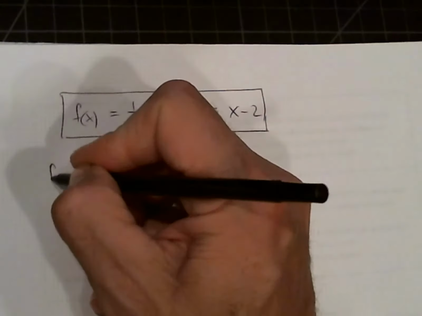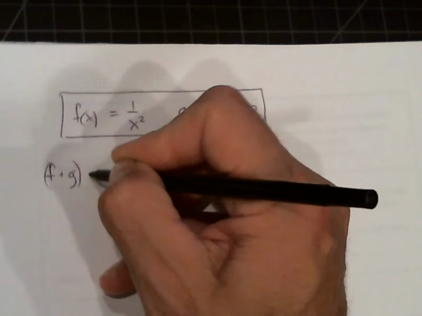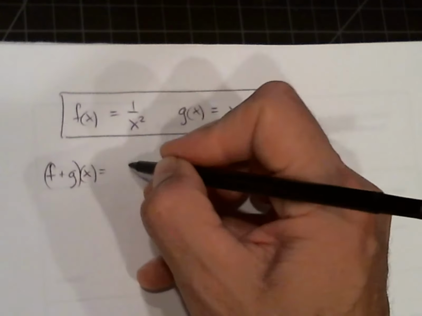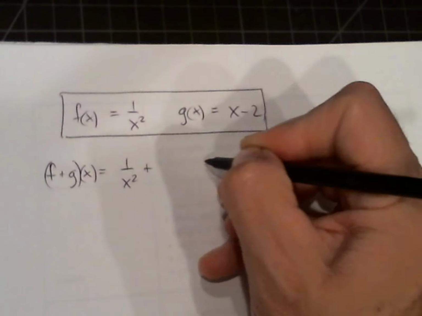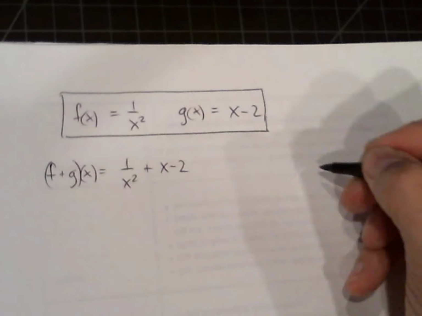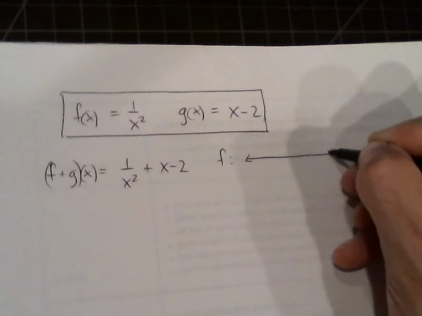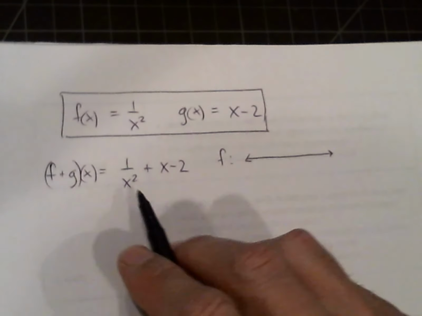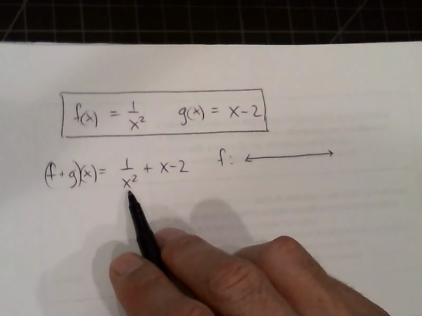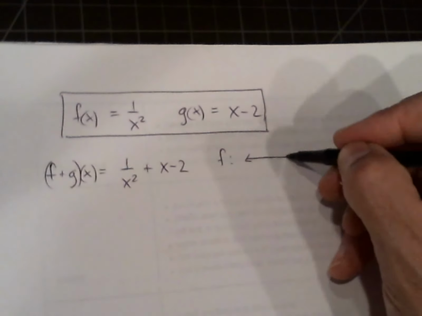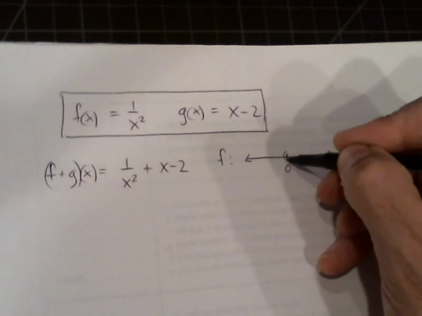So we're going to go F plus G. And let's look at the domain of F. F is rational. It can't have a 0 in the denominator. Open circle.